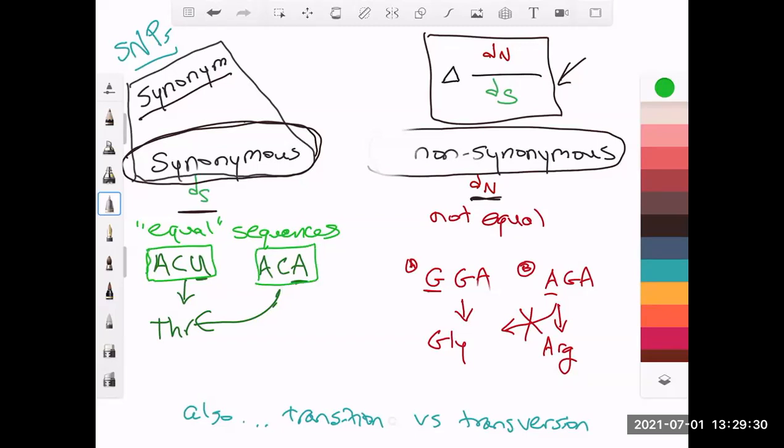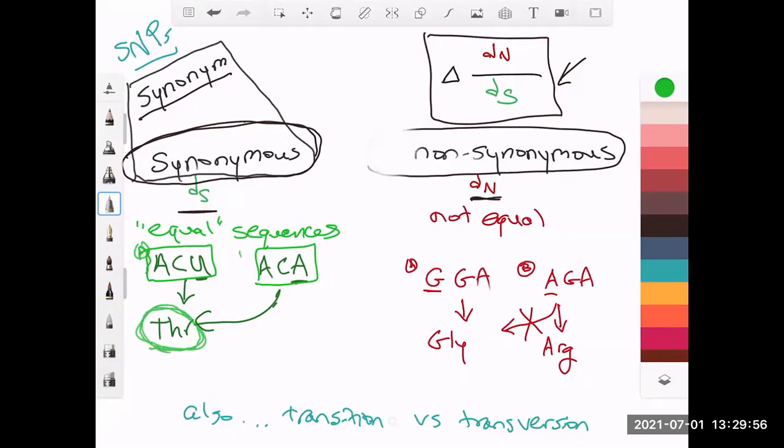So this could be the cause of, or the result of a SNP, right? Some mutation. So in the original, which I'll call A here on the left, we had an ACU, and that codes for the amino acid threonine during translation.